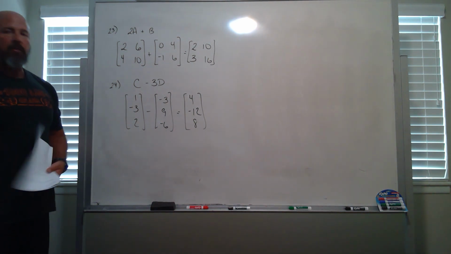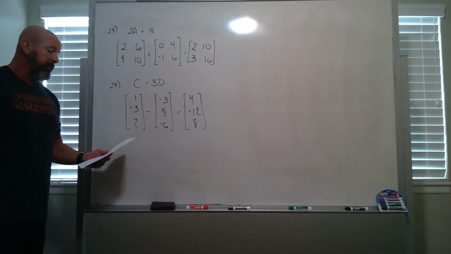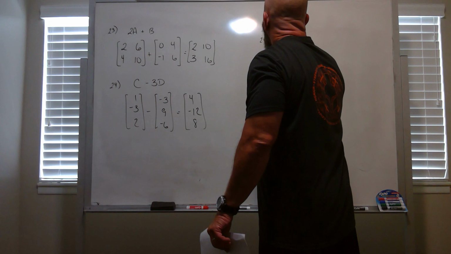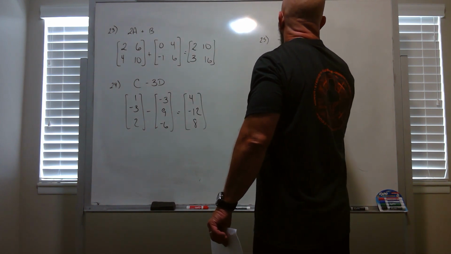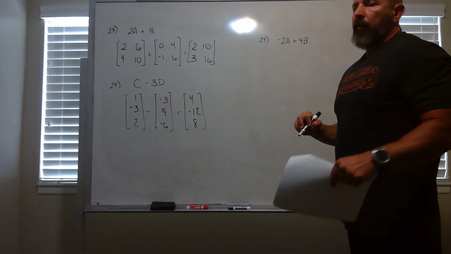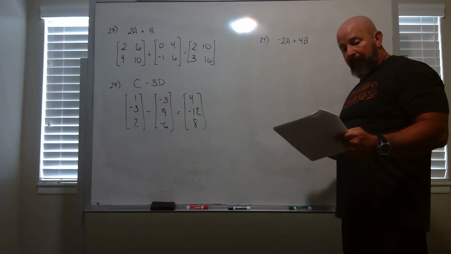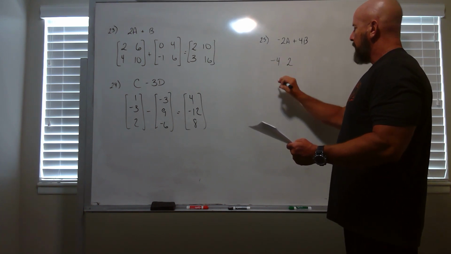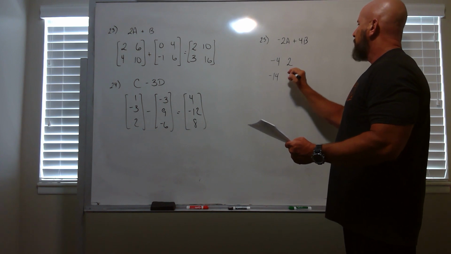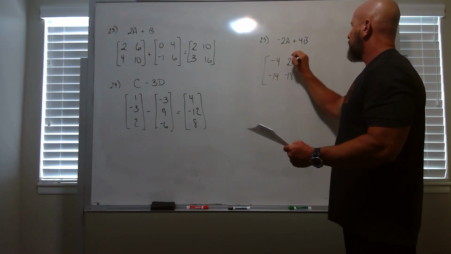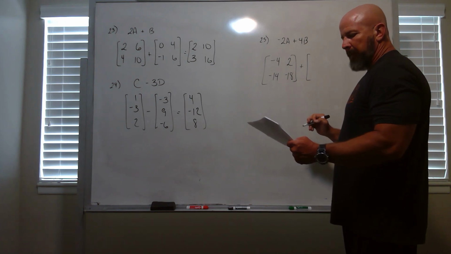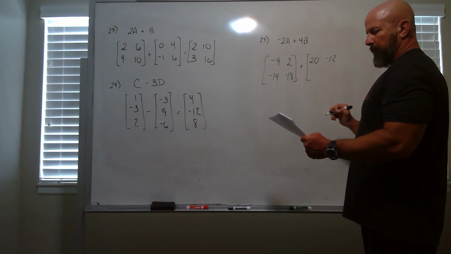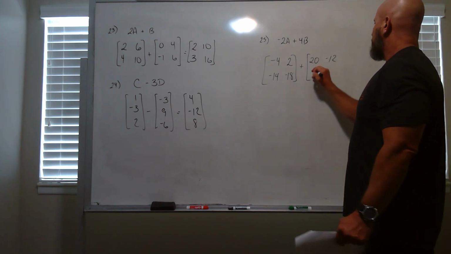The last one in this part, 25, asked me to do negative 2a plus 4b. Okay. So 25, negative 2a plus 4b. So that would be negative 2 times the a matrix would be negative 4, positive 2, negative 14, negative 18, plus 4 times the b matrix would be 20, negative 12, 16, and 28.